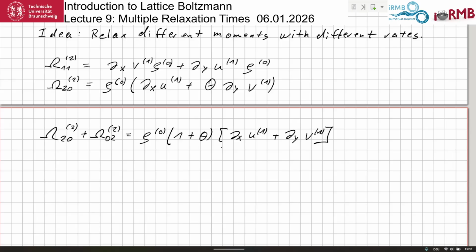Now we see that this here, and of course this applies only to the first order, yeah? But at first order, this thing here is 0. So the sum of the two does not appear in the Navier-Stokes equation under diffusive scaling. This means that the relaxation rate of these two things together does not matter to the Navier-Stokes equation.